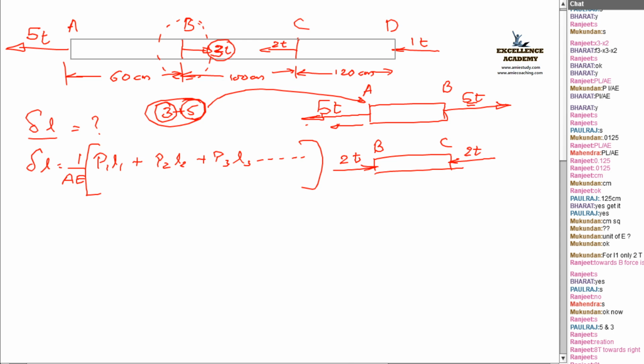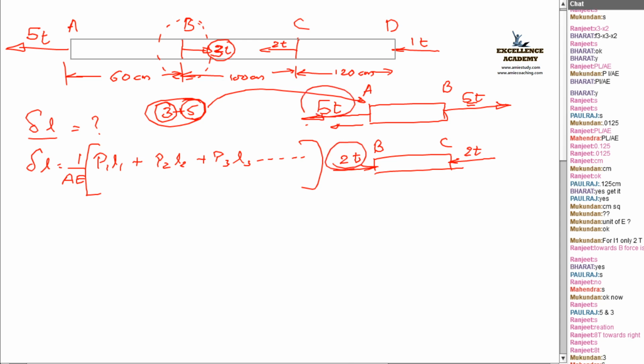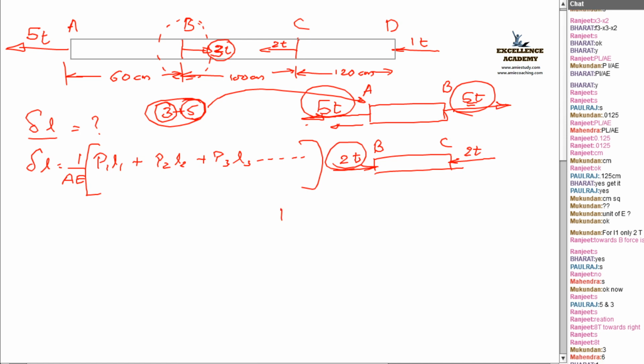How much is now pending? 2 plus 5 is over, isn't it? For B, 2 plus 5 is over. Then how much is pending there? 1T is pending there. So I am going to draw the free body diagram like this, say BD.